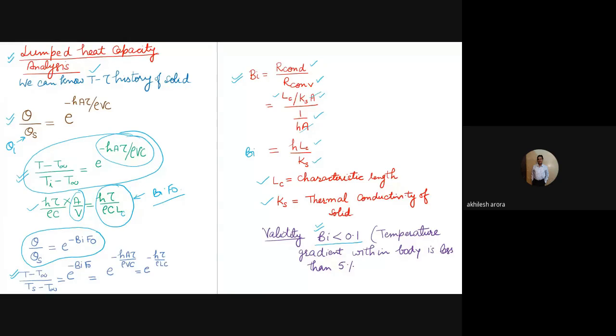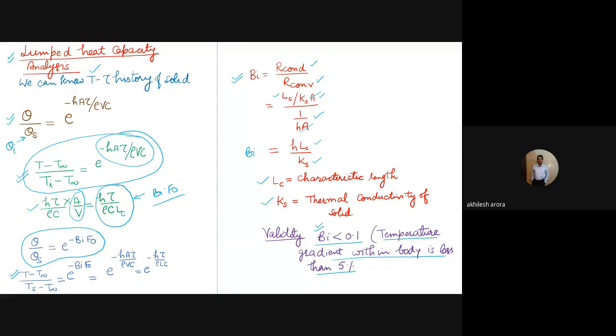In that particular case, yes, there is a certain error, and that error would be that the temperature gradient within the body is less than 5%. Yes, the temperature at the center will be more and the temperature at the surface would be less, or otherwise, if the body is being heated, then the surface temperature would be high and at the center a little bit low.